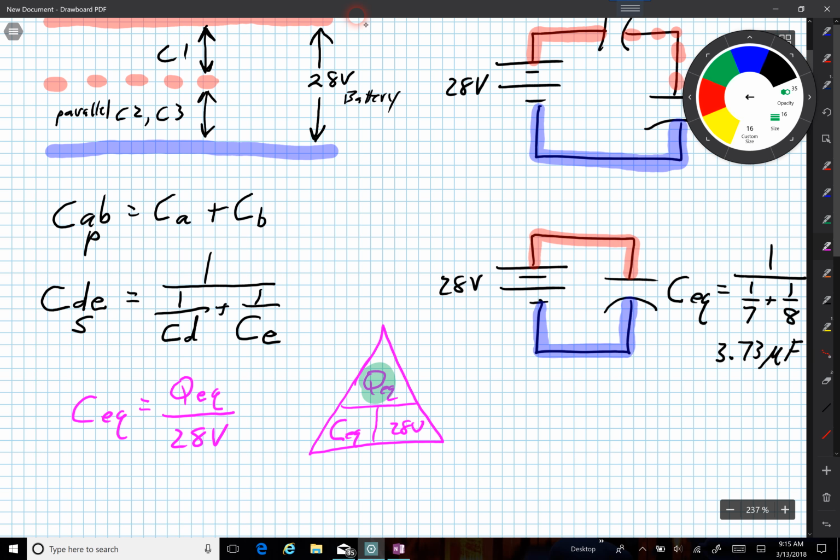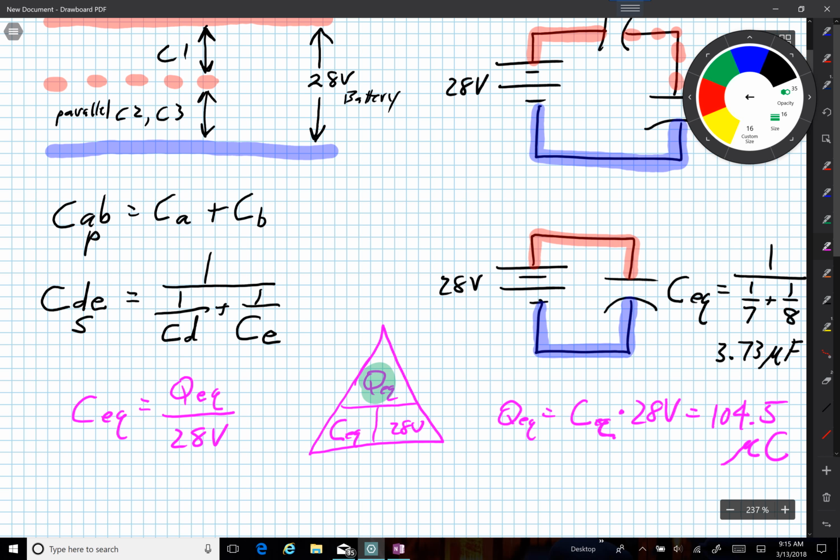So bottom line is Q equivalent is C equivalent times 28 volts. If I put that in, I've got 3.73, and then I'm going to multiply. We've got 28 times, I'm going to get 104.5. 104.5 microcoulombs.